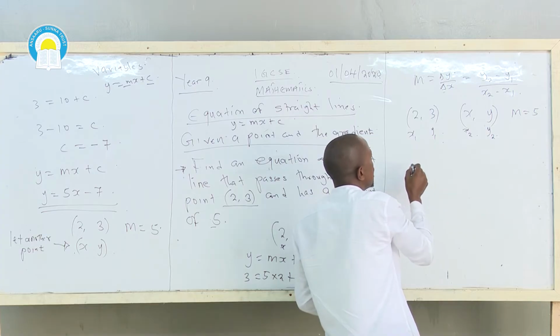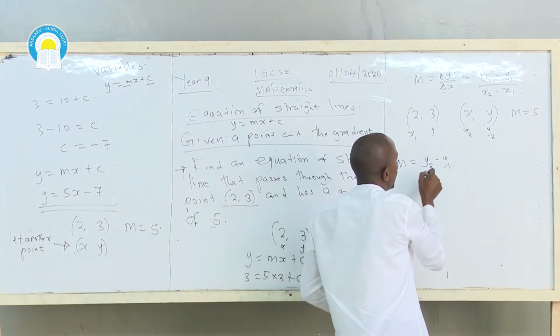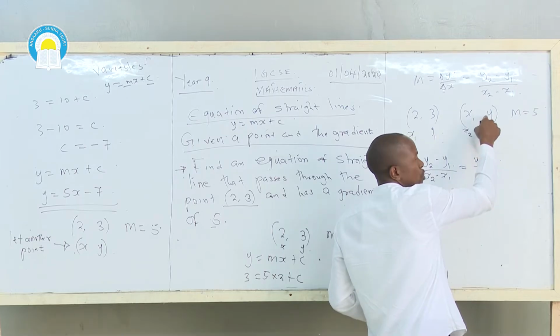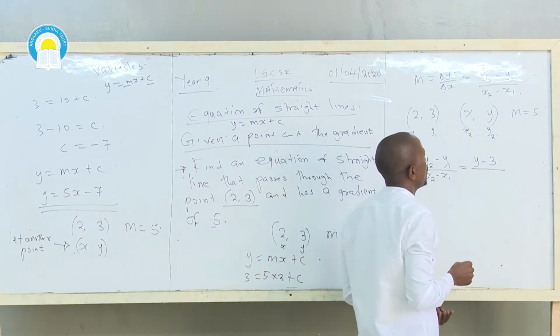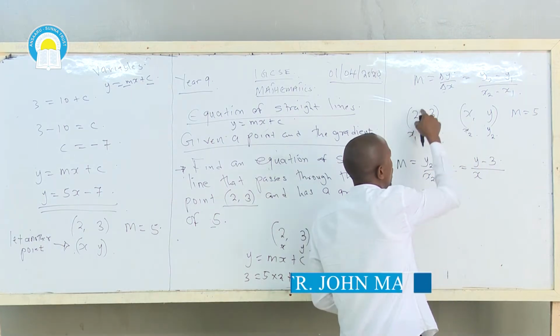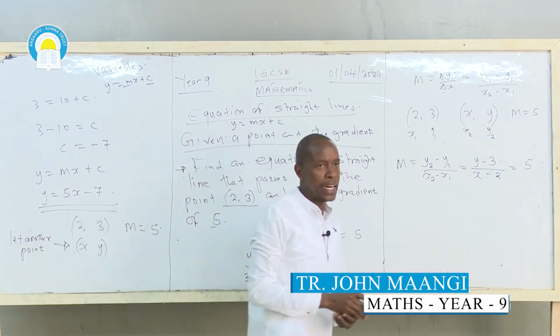So gradient is y2 minus y1 over x2 minus x1, which is y minus 3 over x minus 2, which is equivalent to the gradient which is already provided.